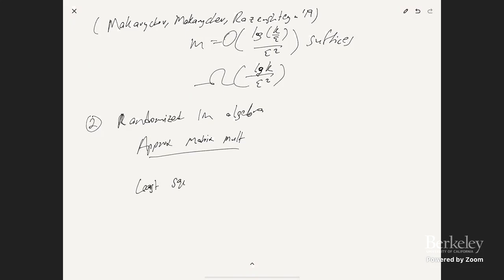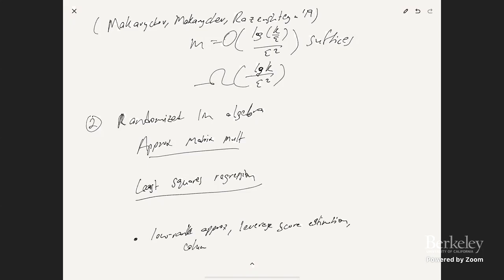I'll say something about that. And I won't have time, but you can also use this for a bunch of other problems as well, such as approximate low rank approximation, or a constrained case as well, leverage scores estimation. Column subset selection.